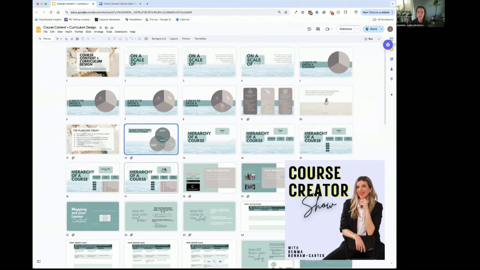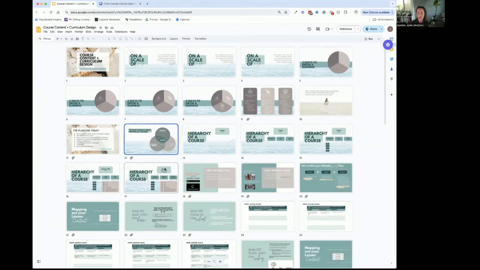Gemma, there are so many people who teach sales and marketing, and I get to come in and really support their people in building really great products that get people results, because teaching is a skill, just like copywriting is a skill and sales is a skill and web design is a skill. These are all skills, and teaching is a skill. So that's really the gap that we come in and fill.